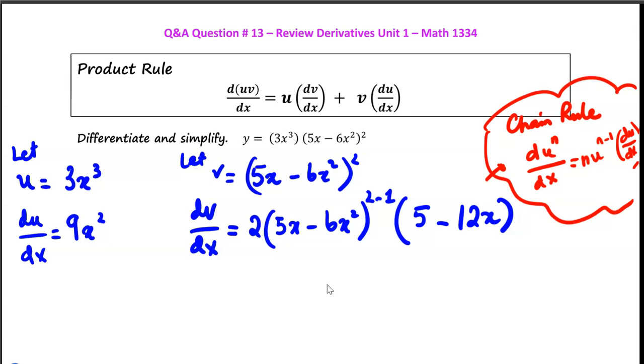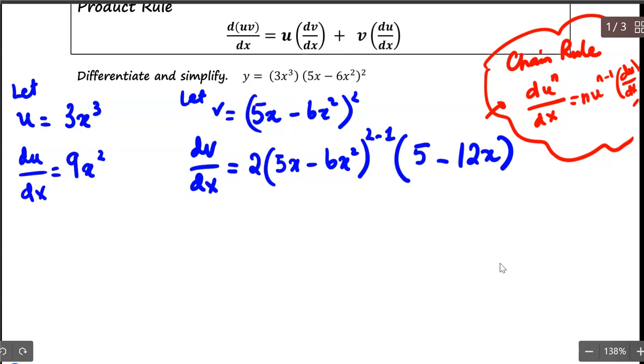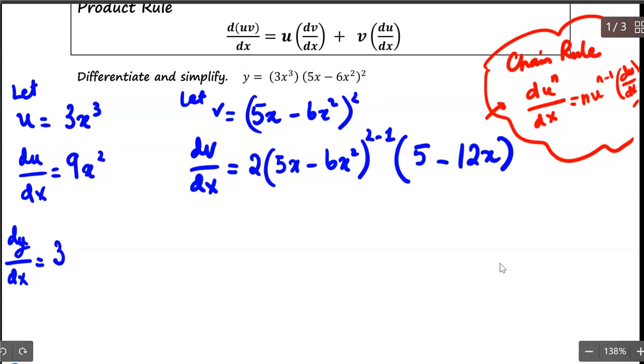Okay, and the next step is to substitute what we have found into our formulas for the product rule. At this point, I am differentiating, so I need to write dy over dx. First of all, U is 3x to the exponent 3, and the next one is dv over dx, so I have to write 2 times 5x minus 6x squared.